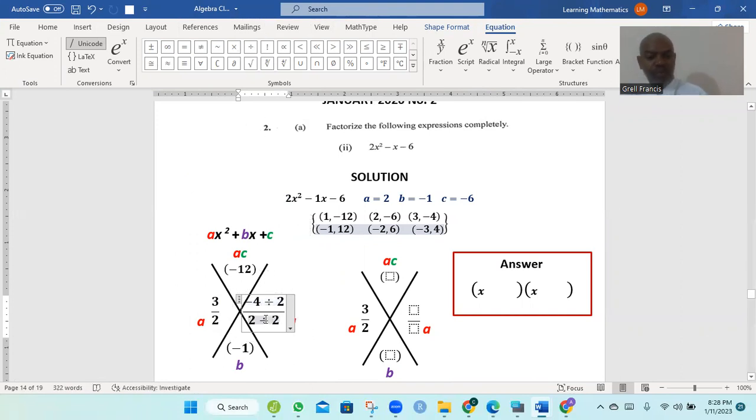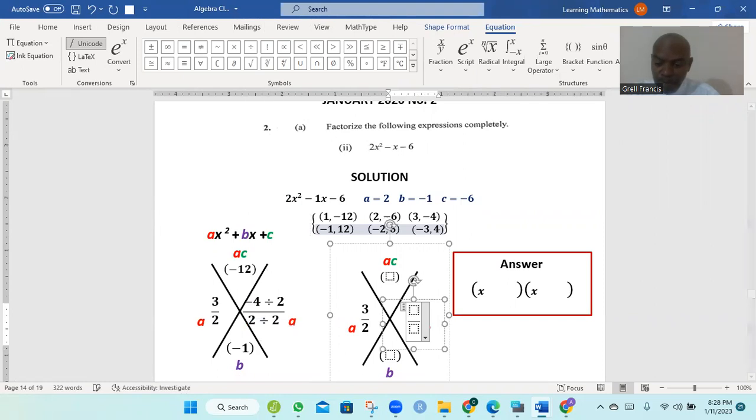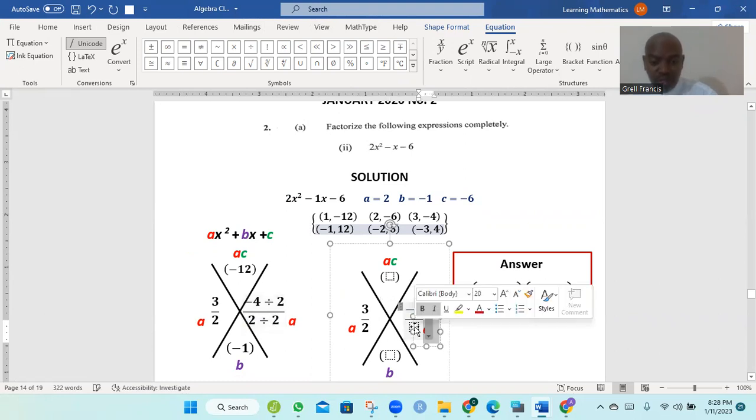Whenever you are simplifying a fraction, both the numerator and the denominator are going to change, because they are going to be divided. Both of them have to be divided by the highest common factor. Negative 4 is going to change to negative 2, because negative 4 divided by 2 will give us negative 2. And 2 divided by 2 is going to change to 1, because 2 divided by 2 is equal to 1.